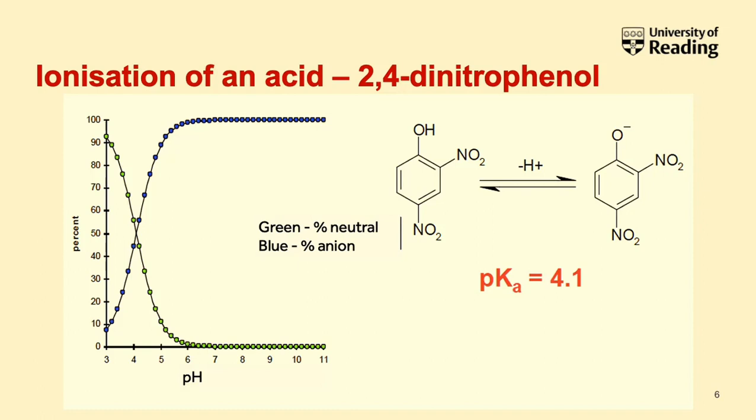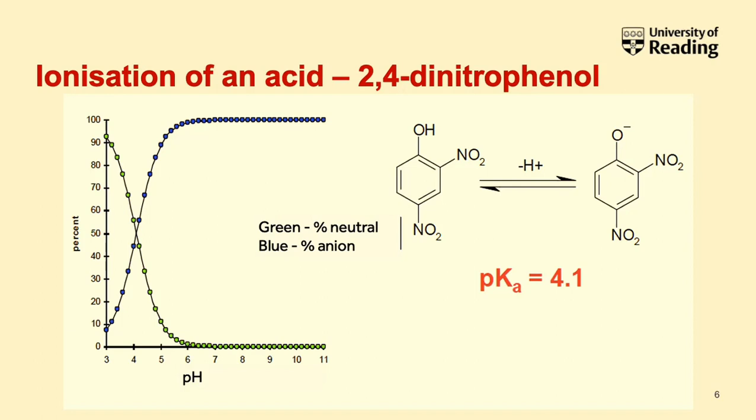And they cross at the pKa of the molecule, which is 4.1. So at 4.1, you can see that we have 50% ionized and 50% unionized present in solution.